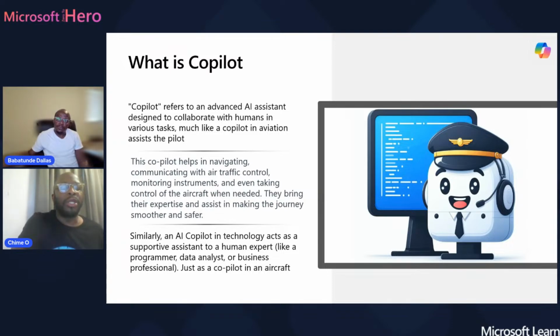Whether you're a programmer, a business professional, or a data analyst, a co-pilot is there to help you. It assists you with complex tasks, enhances your decision making, improves your safety, and adapts to different situations. Things like repetitive tasks that you do all the time, a co-pilot can also take over.